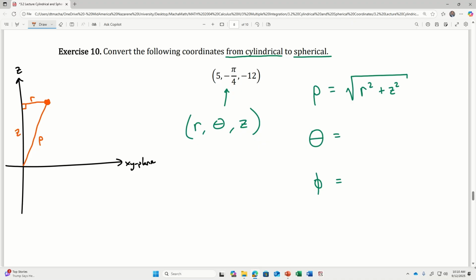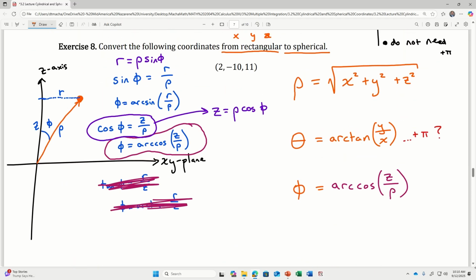So for my right triangle, just use the Pythagorean theorem, and you'll get this formula. Theta is theta. And then I think we talked about this a moment ago, but how do I get phi? I've got to scroll up.